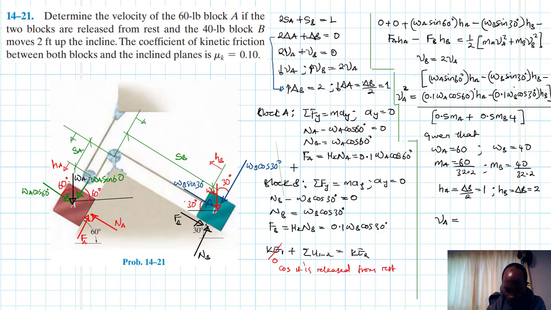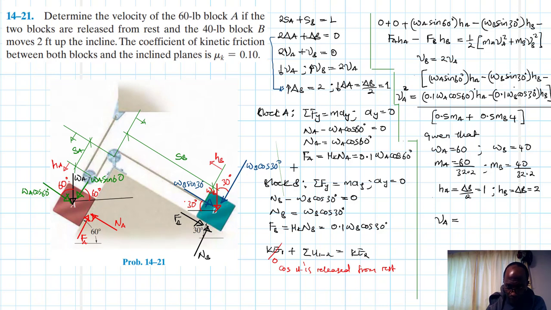So WA, that's 60 sine 60 times 1, minus WB, which is 2 by 40 sine 30, then minus 0.1 by 60 cos 60 by 1, then minus 0.1 by 2 by 40 cos 30.